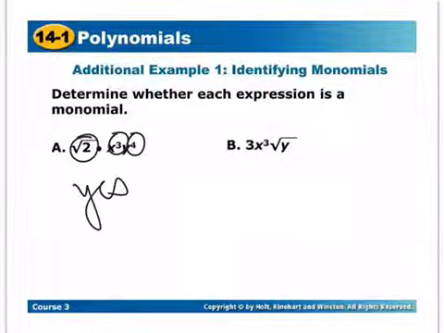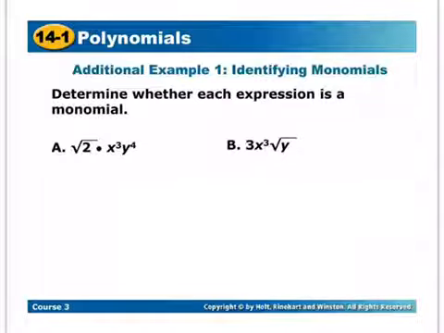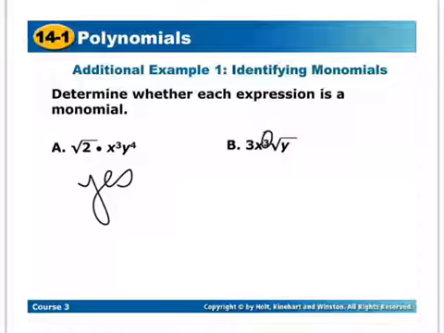So this is a monomial. So that one is yes. Okay, what about B here? Again, we've got a whole number for an exponent. That's good. So we've got numbers, letters, exponents that are good, but we have a variable underneath a radical.